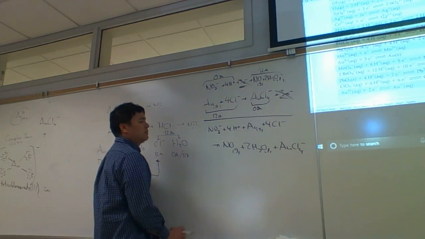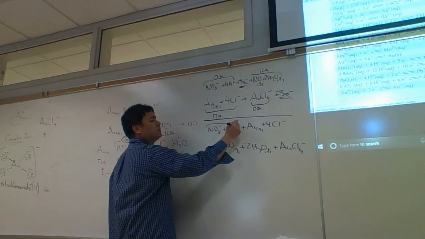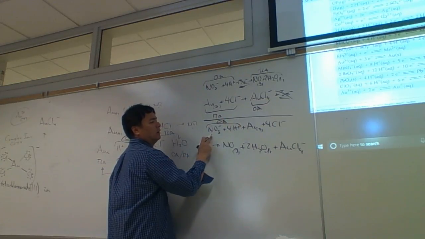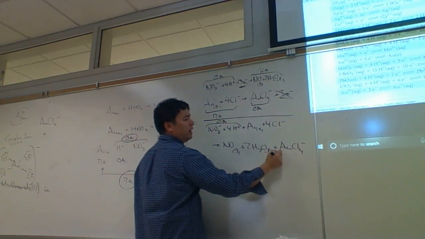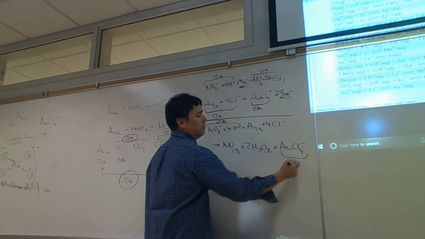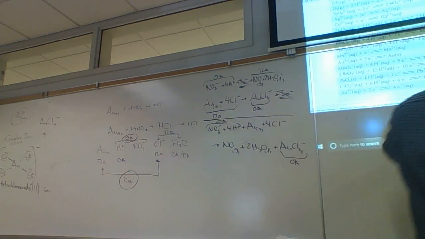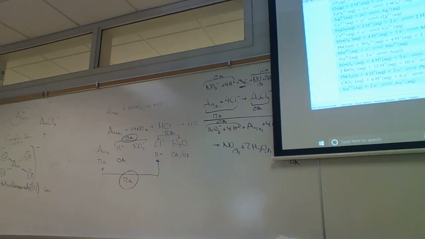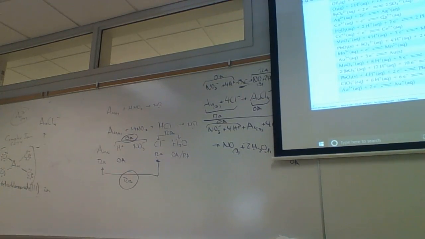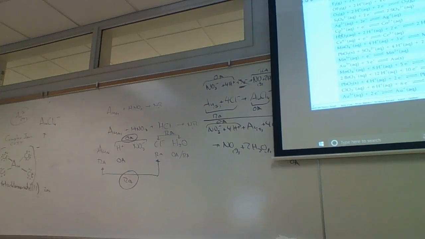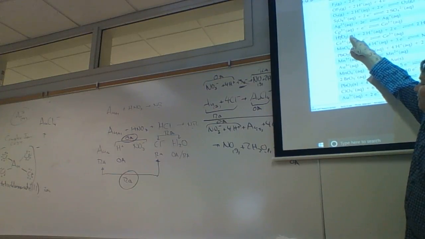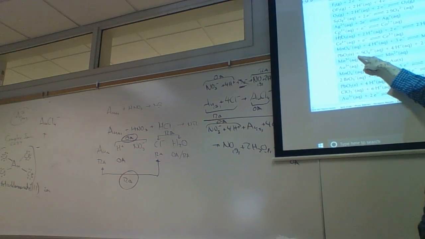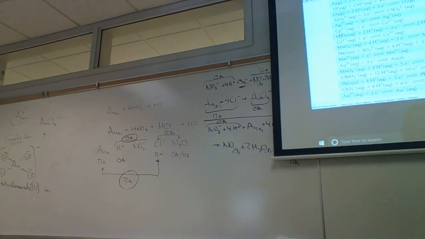The last step is to look for driving force. This is our OA on the left, and our OA on the right is this. Let's figure out what's the stronger OA, oxidizer. We start off at fluorine and work our way down. Starting at fluorine, we work our way down and we get to which one first?